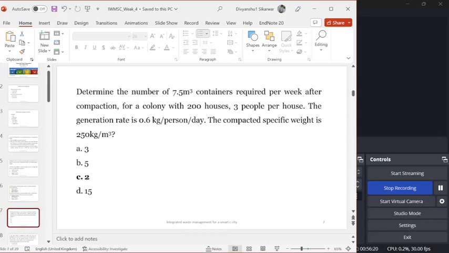And the third question was of a similar sort where we are calculating how many containers we need. So the first and third questions are based on the design of the collection system, how many trips of trucks we need to perform and how many containers we need to keep in a particular area.